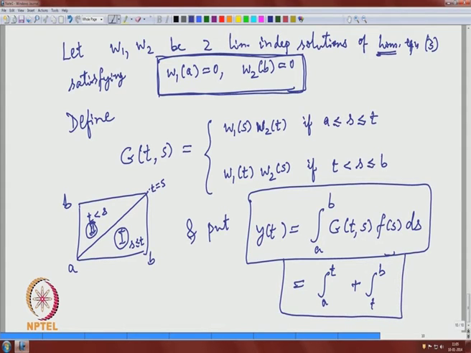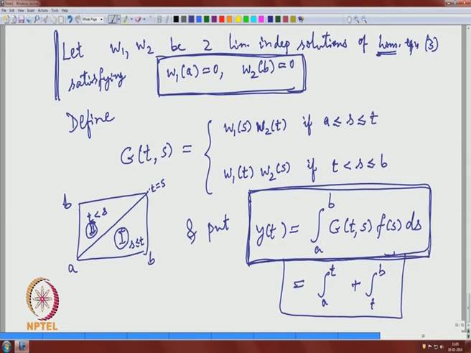We expect this y to satisfy the differential equation and also the boundary condition, and this is the integral formula we talked about at the beginning. This integral formula is just manufactured with the help of these two linearly independent solutions of the homogeneous equation, and now we put in this input f on the right hand side and obtain the corresponding solution.